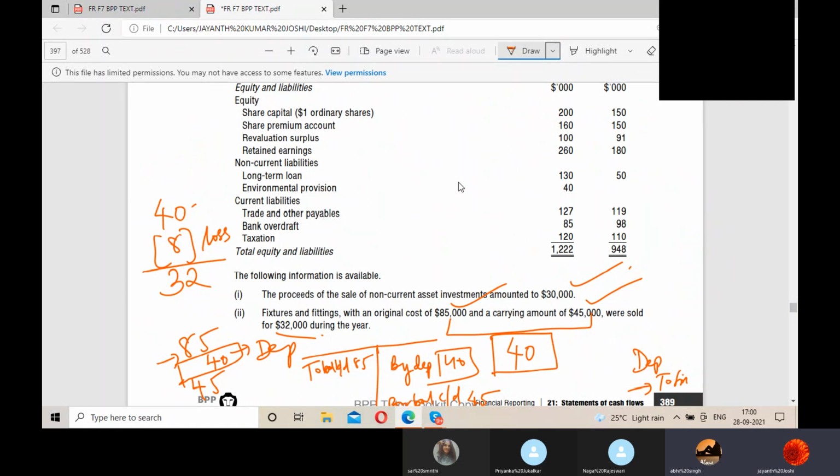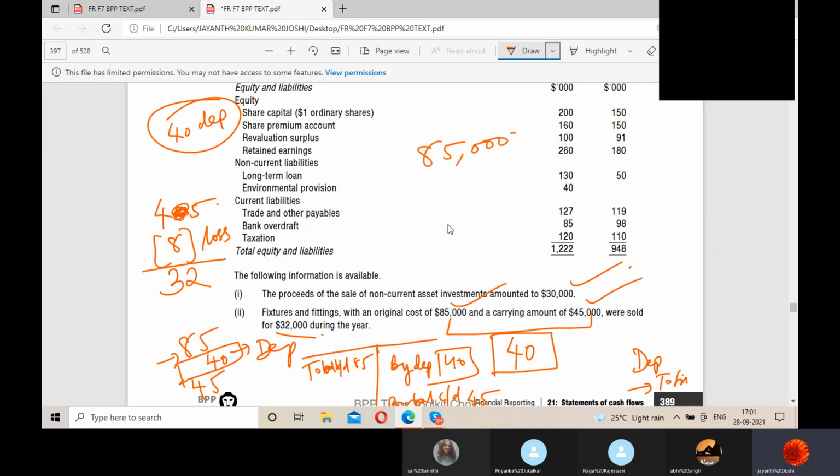The carrying amount itself they have given. Sorry, extremely sorry, I just got confused. See, 85,000 was the original cost of the asset. Now the asset value is 45,000, and the depreciation which has happened is 40,000.